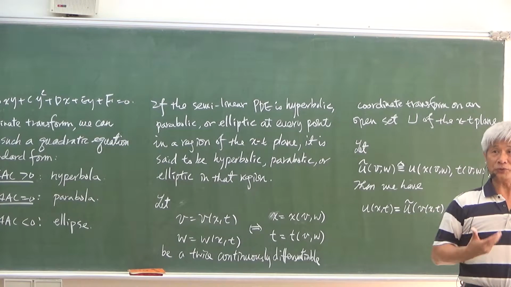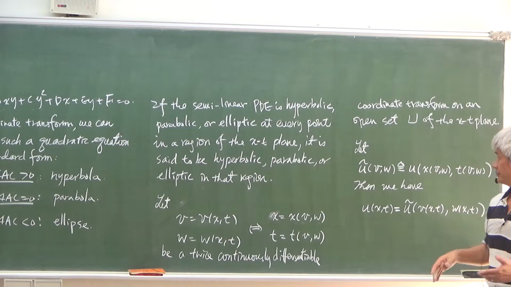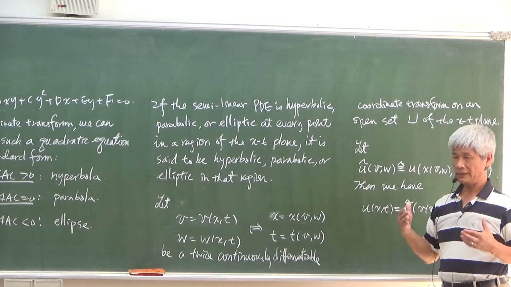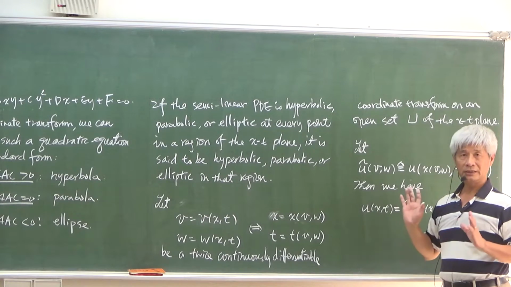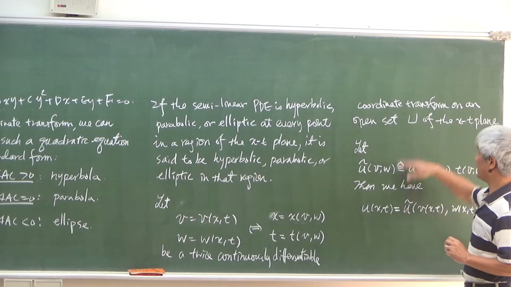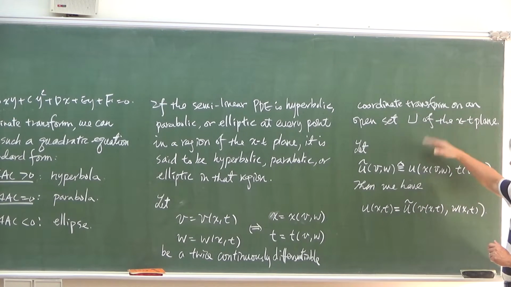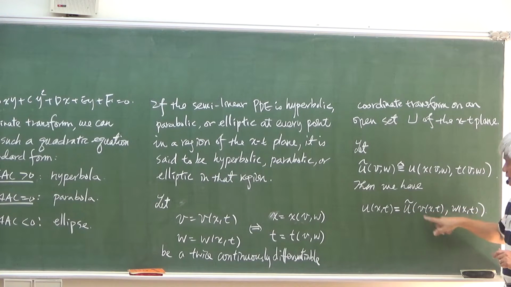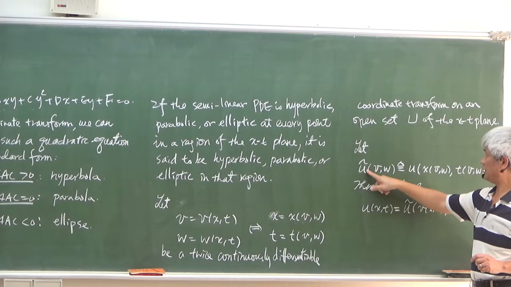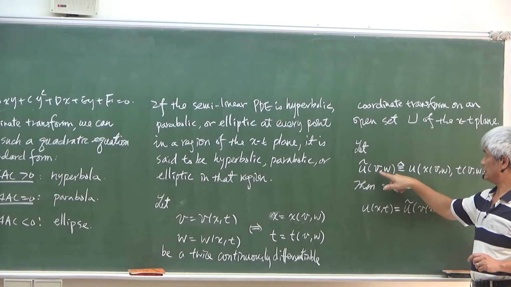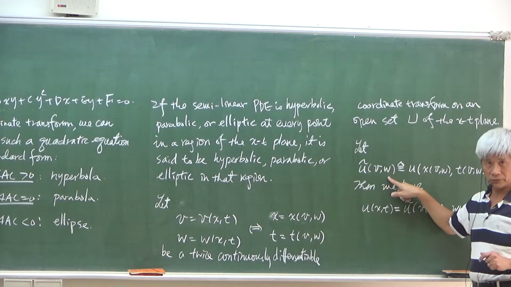Of course we have to show that we have the possibility to find such a coordinate transformation. And so we know the relationship between the new function, which is in the new coordinates v and w.